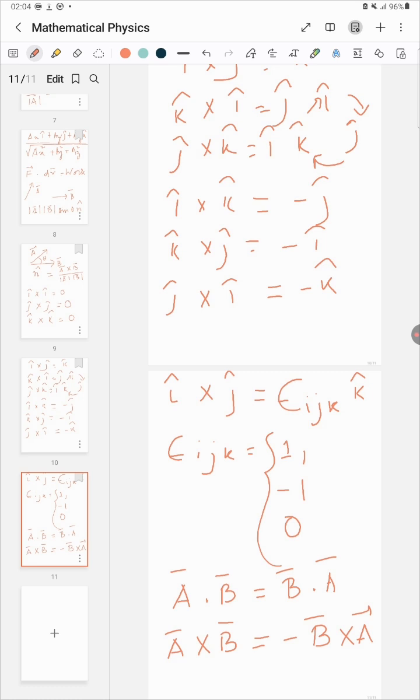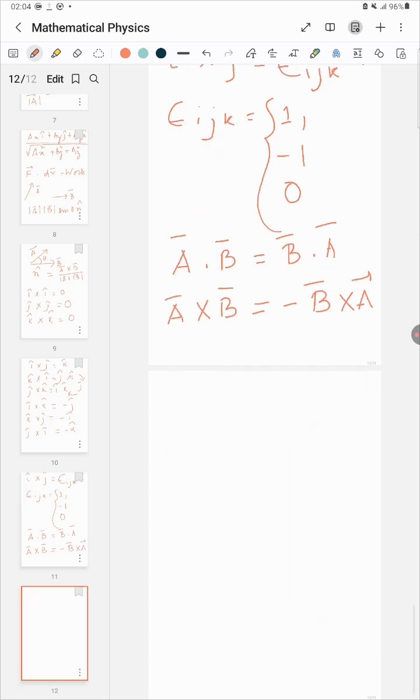So they are not equal, they are equal but opposite. So you cannot say that A cross B follows the commutative property, but we can say that A dot B does follow the commutative law.